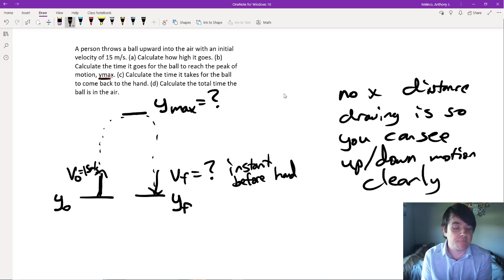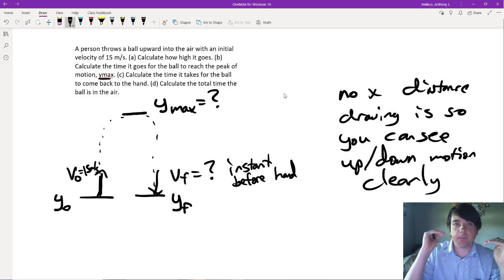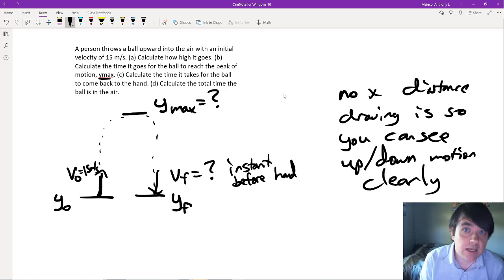So it would look as if the ball has just been in your hand the whole time. So we usually examine the instant right after you throw it and the instant right before you catch it. That will be true as we carry into 2D kinematics as well. You always look at just the instant in time right before, that way you can examine the motion you care about.